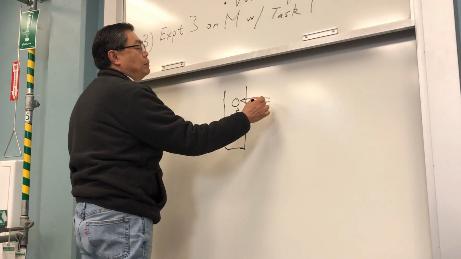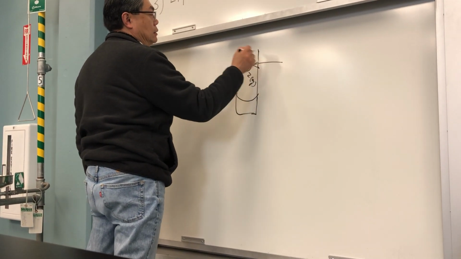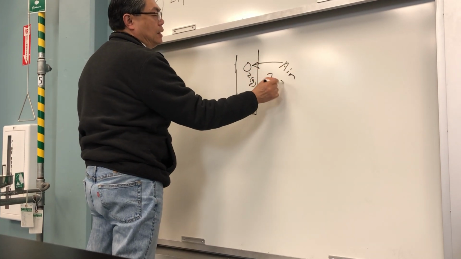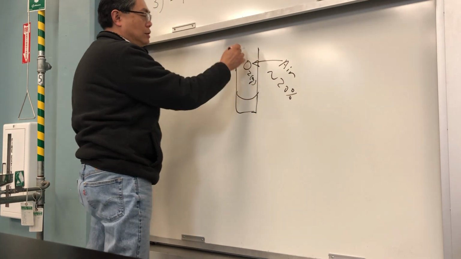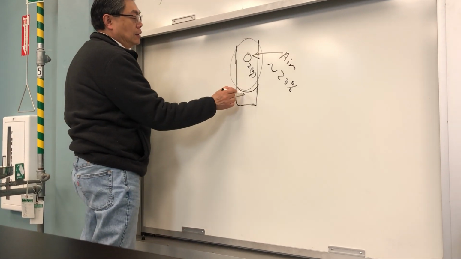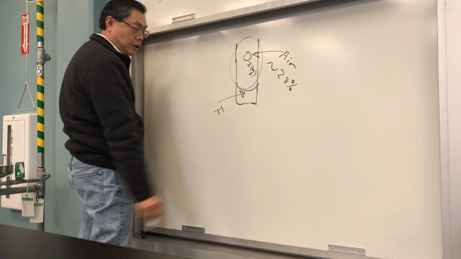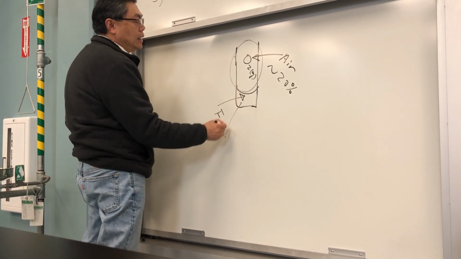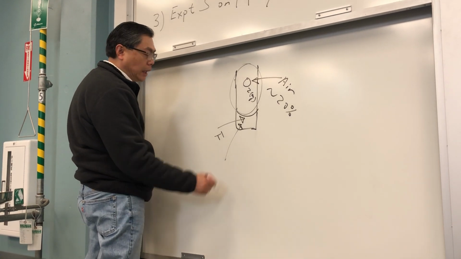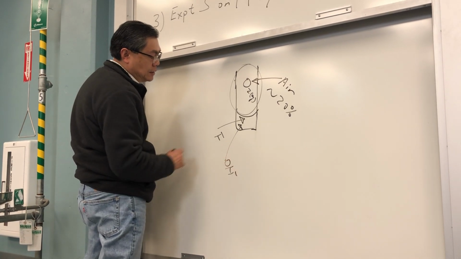Of course, this would be up in the air, so that's roughly 20% oxygen gas. In here, we have the fructose, and then we have the hydroxide.